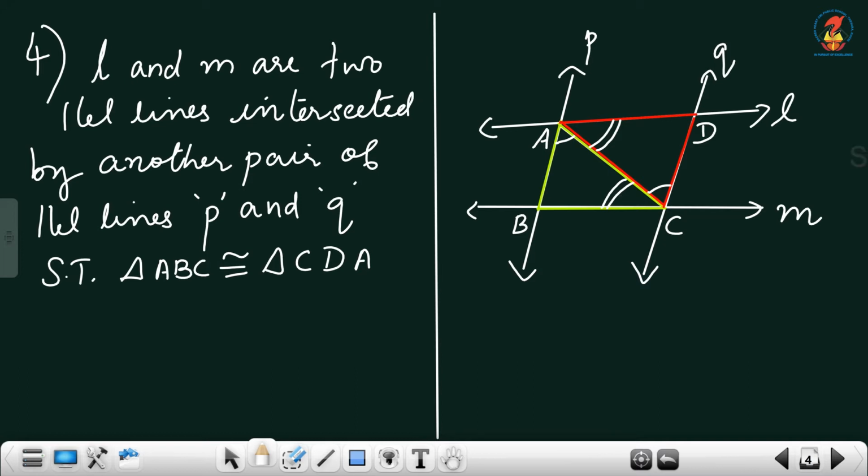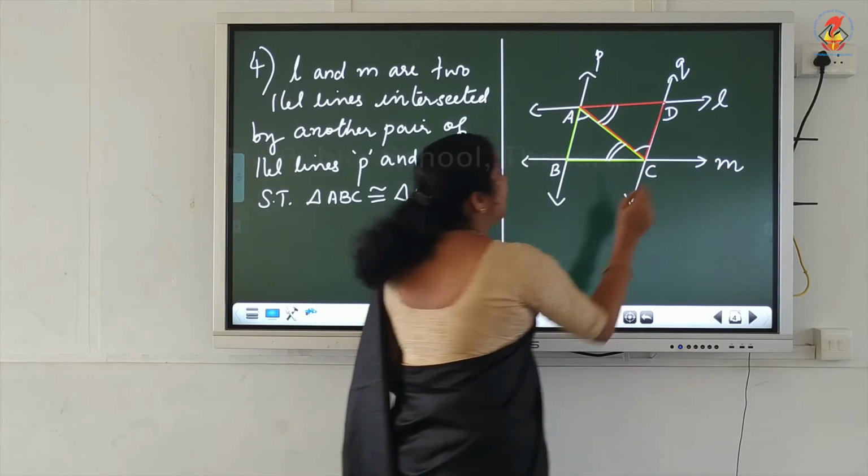Then the fourth question. L and M are two parallel lines intersected by another pair of parallel lines P and Q. Show that triangle ABC is congruent to triangle CDA. What is given is L and M are parallel.